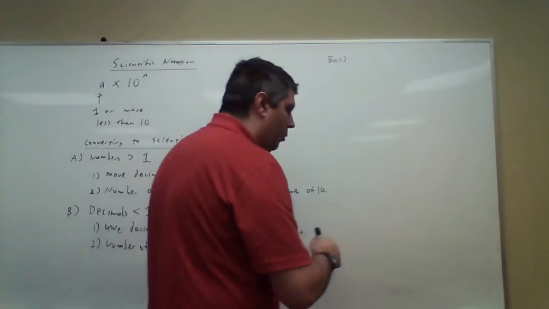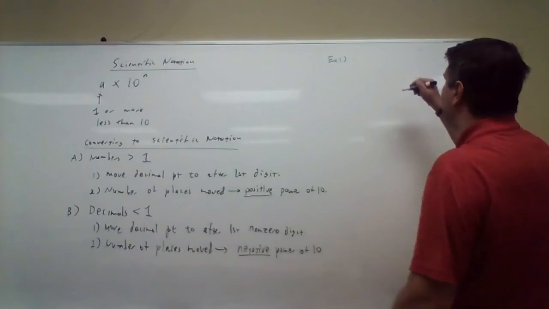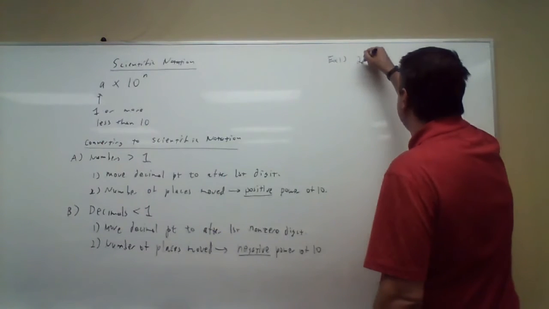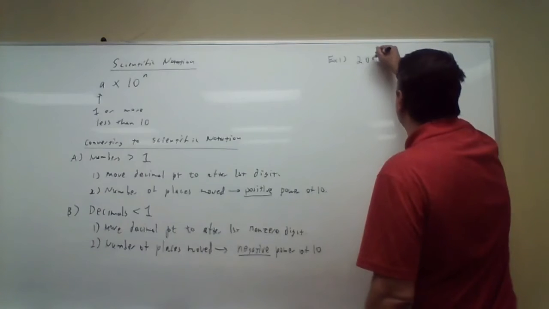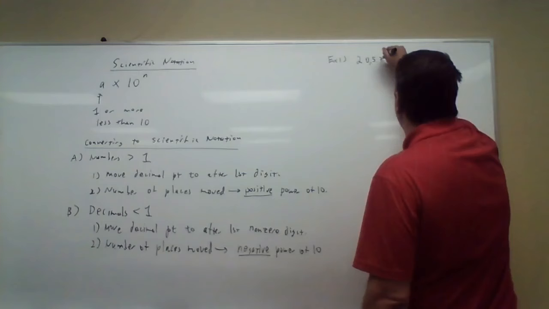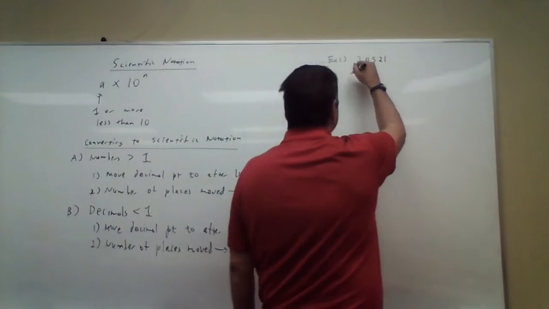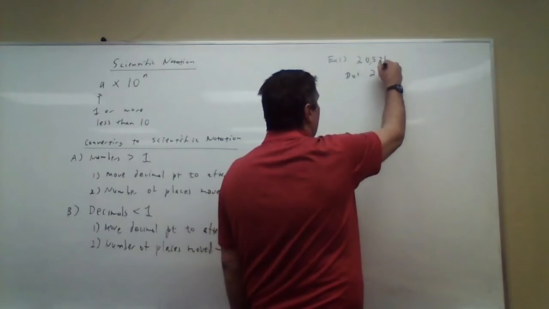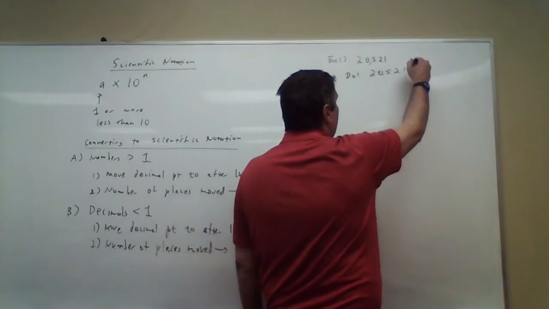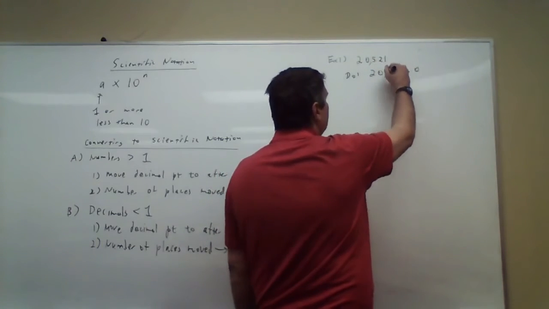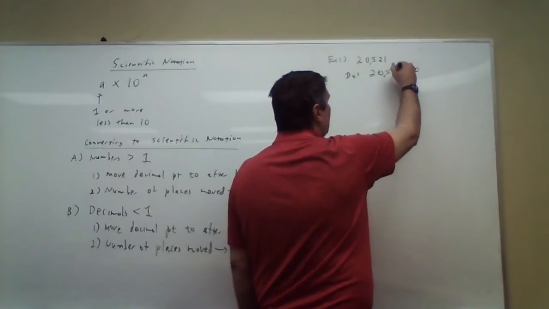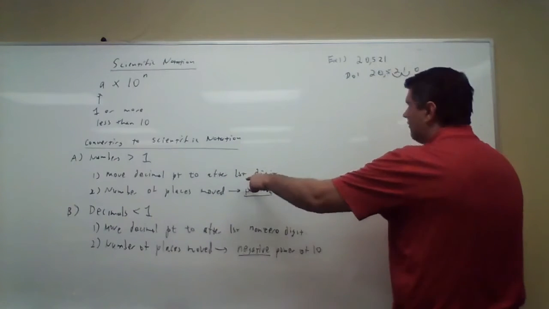Okay, so example 1. We're converting to scientific notation. Let's say I have 20,521. Move the decimal point until it is after the first digit.